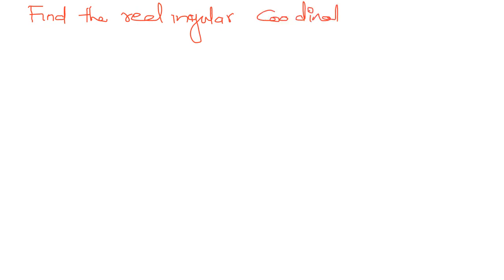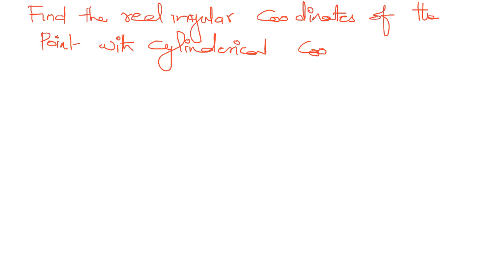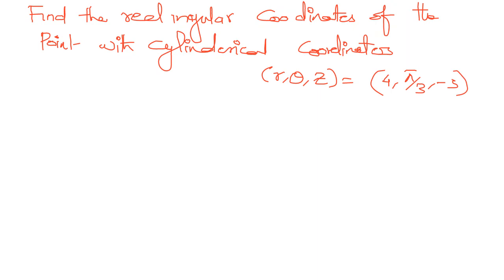Find the rectangular coordinates of the point with cylindrical coordinates r, theta and z given as 4, pi by 3 and minus 3.